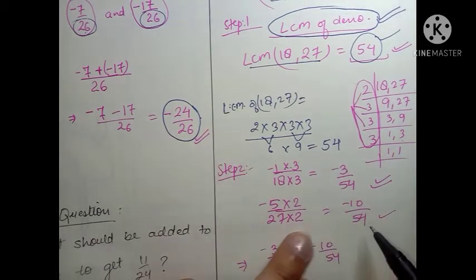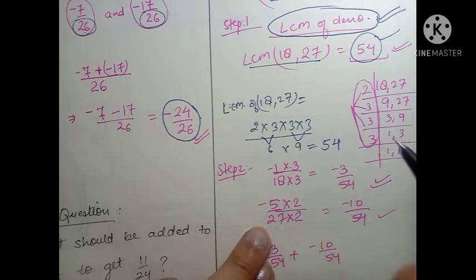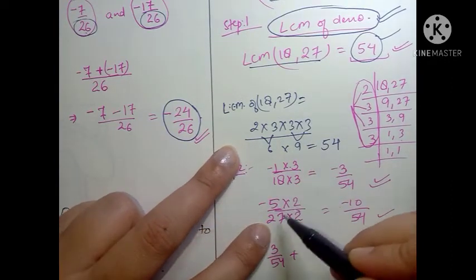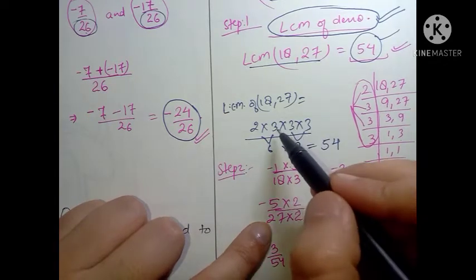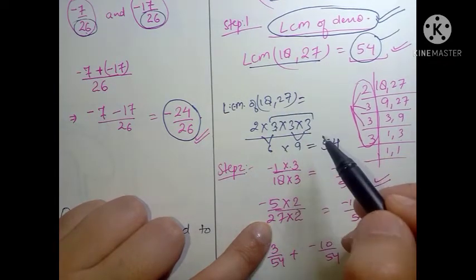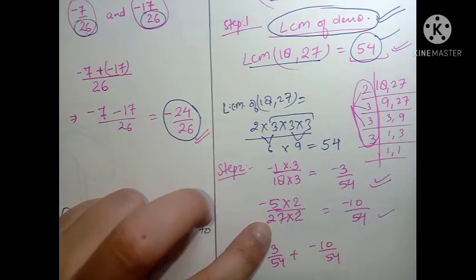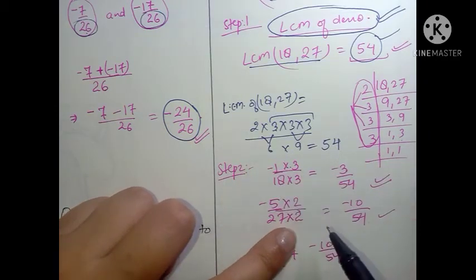If you are confused about how to decide what number should be multiplied, you can go back to the LCM and see which numbers give you 27. You know 3 3s are 9, 3 9s are 27, right? This is 27. Now whatever number is left here, you have to multiply by that number. So 27 was this and 2 was left here, that's why we are multiplying by 2 here.